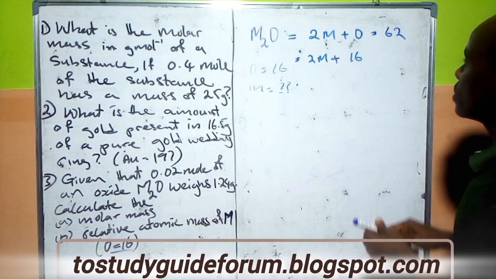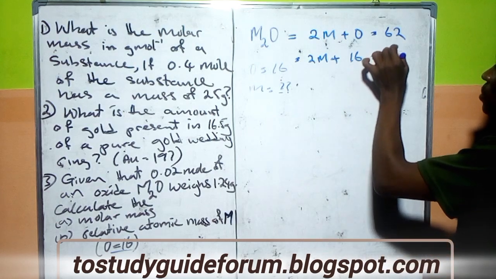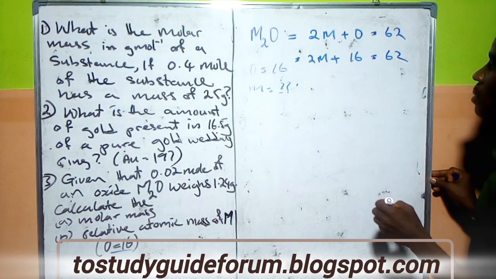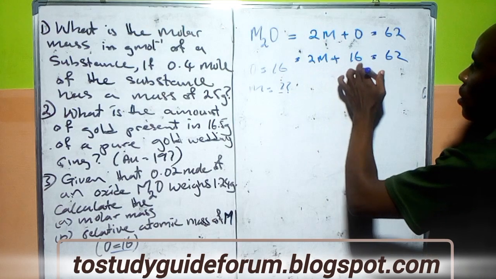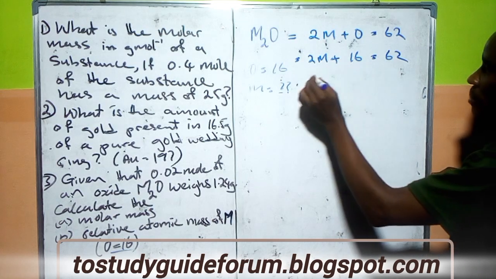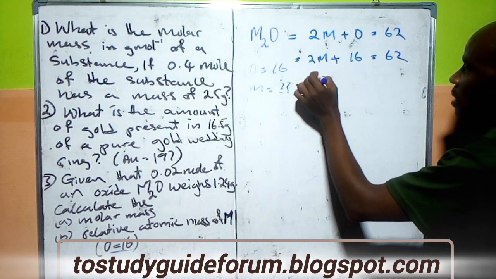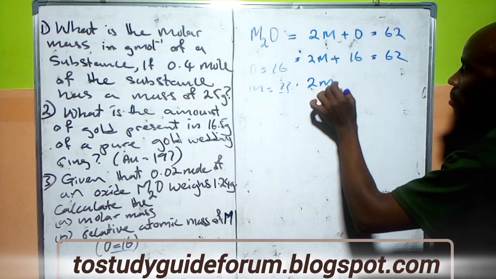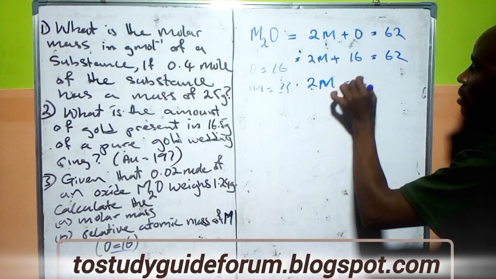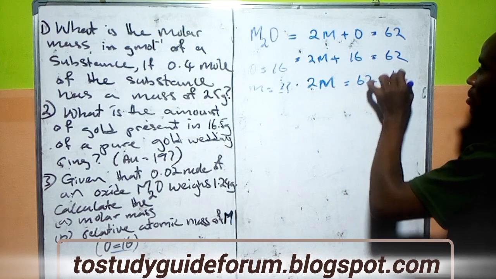The next thing we are doing is that this is also 62. Then we collect like terms. We find out that 2M will be 62 minus 16.